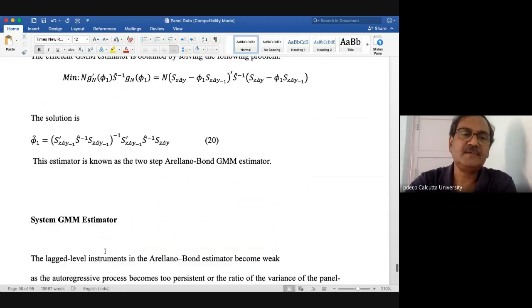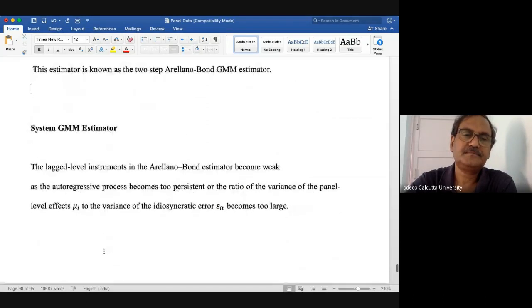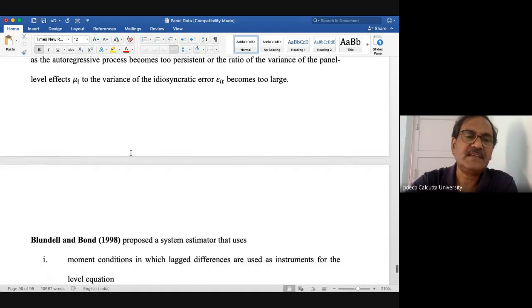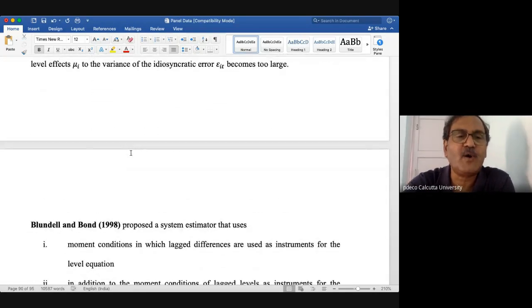Now later on, this model was extended further by considering the system GMM estimator. What is the logic for extension? This extension was made by Blundell and Bond in 1998.